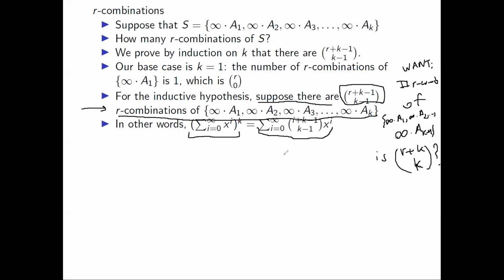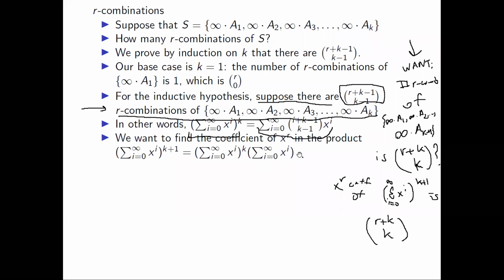And so the thing that we're trying to prove, that we haven't shown yet, is that for the product, the sum i equals 0 to infinity of x to the i, raised to the k plus 1 power, the x to the r coefficient is just r plus k choose k. So that's our goal.